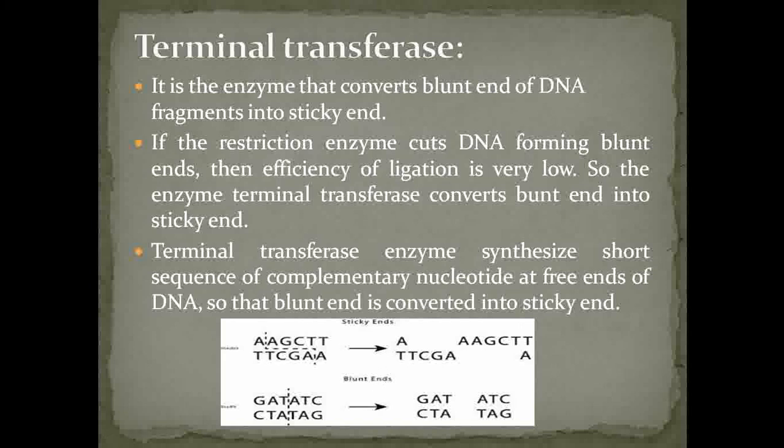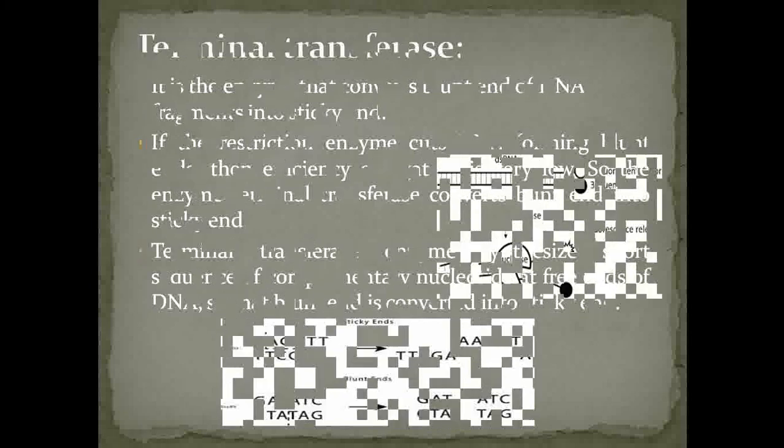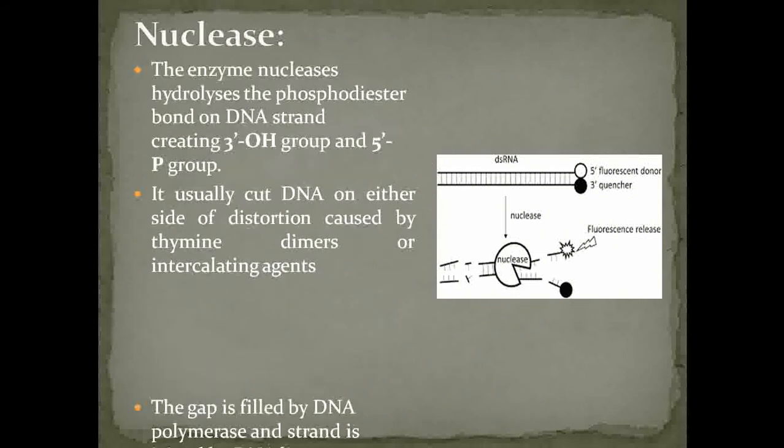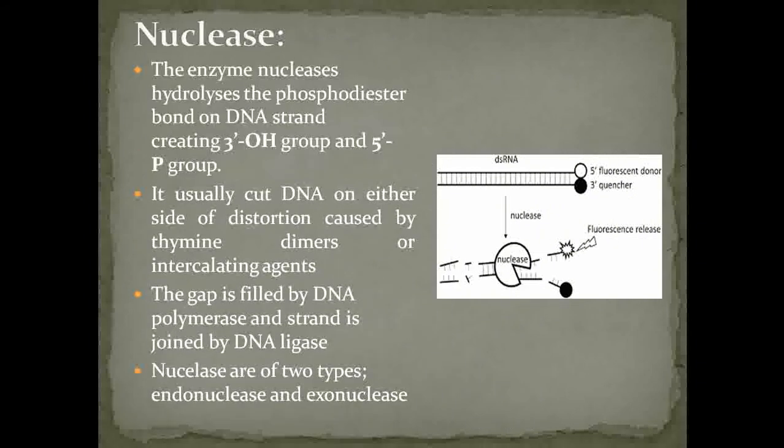Then after the application of DNA ligase, the rejoining of that fragments takes place. So this is the function of terminal transferase. In a simple way, remember that the conversion of blunt end into the sticky ends is the main function of terminal transferase.